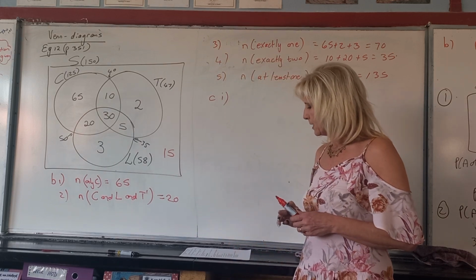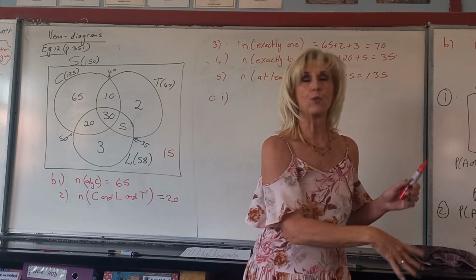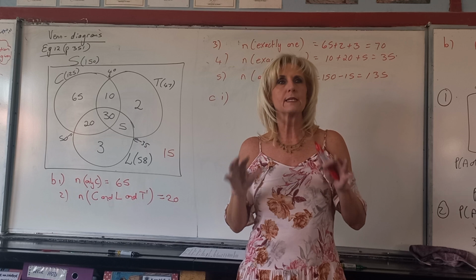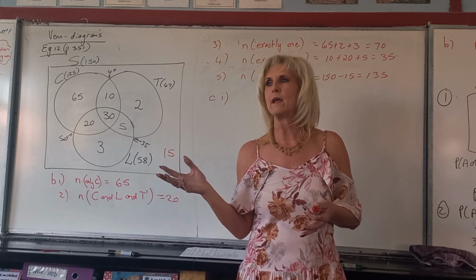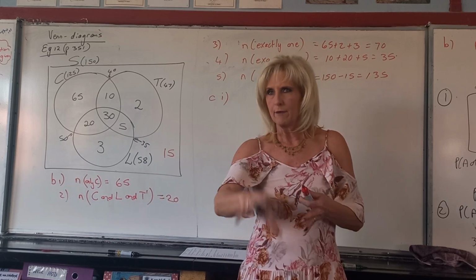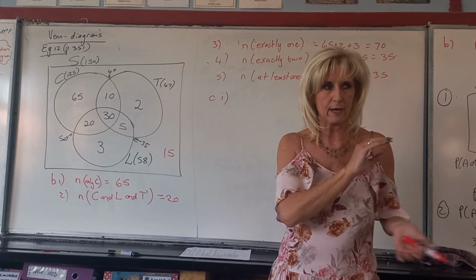Probabilities is the next section. If one teenager is selected from the group, what is the probability? Now, he's not selected and taken away, so there's now 149 left. Listen carefully. He's selected at random. That's what we normally do with probability. If I say, take a card, take a ball, take a whatever, what's the probability? If one teenager is selected, it's not that I'm taking him away and there's 149 left.